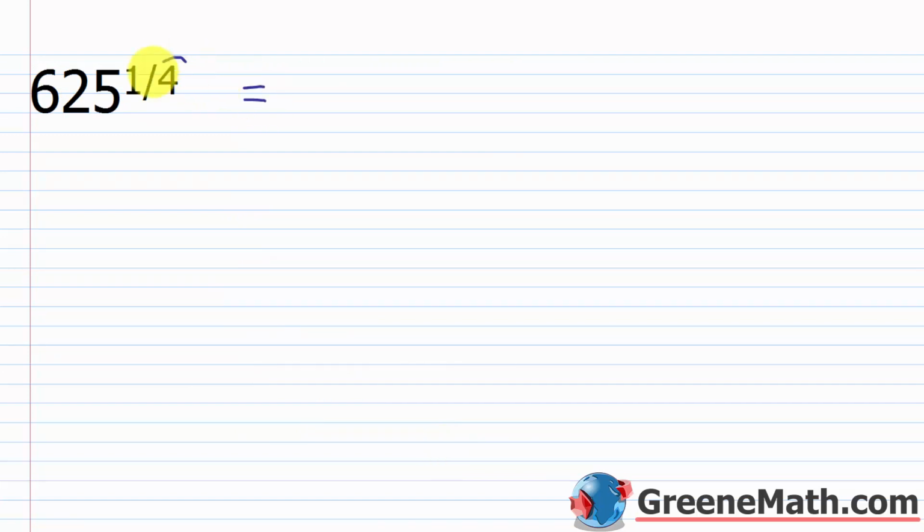Well, again, if this part right here is your denominator, that's the index of the radical. Okay, so 625 raised to the power of 1/4 is the 4th root of 625. Again, another common problem. So I know off the top of my head this is 5. Many years of working with this. But again, if you didn't, punch it up on a calculator as 625 raised to the power of 1/4. Or you could do the 4th root of 625. Same answer, you get 5.